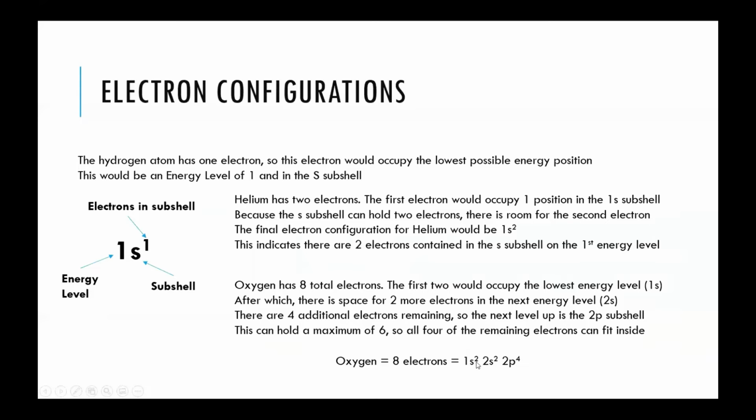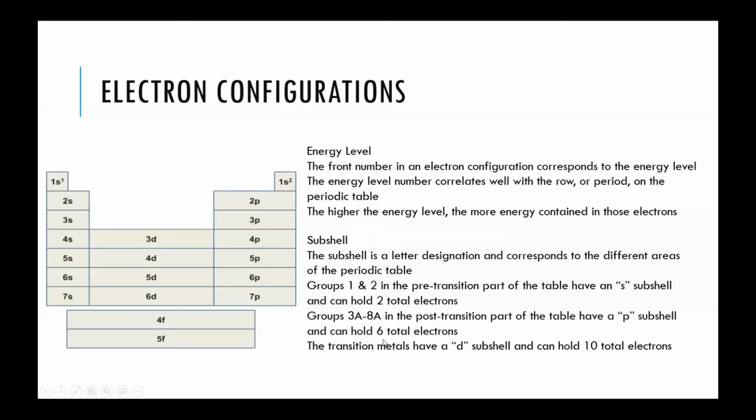Now you've accounted for 4 of the total electrons, so you still have 4 more to go. Looking at the periodic table, moving right along in the second energy level, after the s subshell comes the p subshell, and that can hold a total of 6.